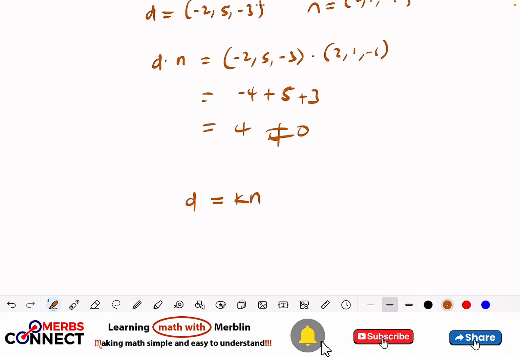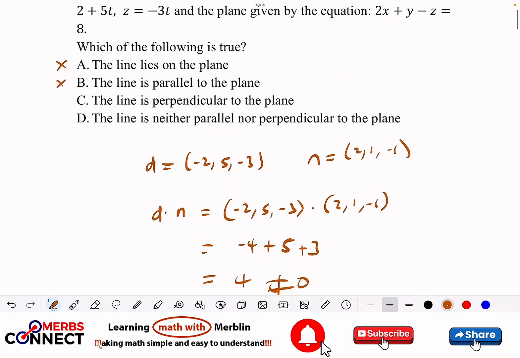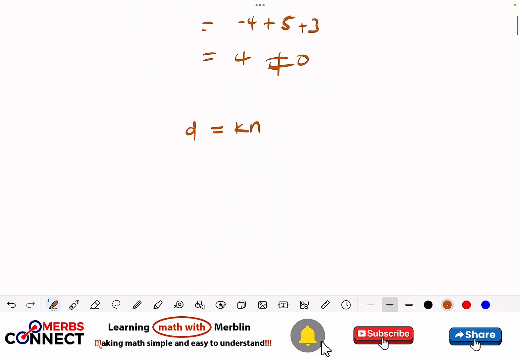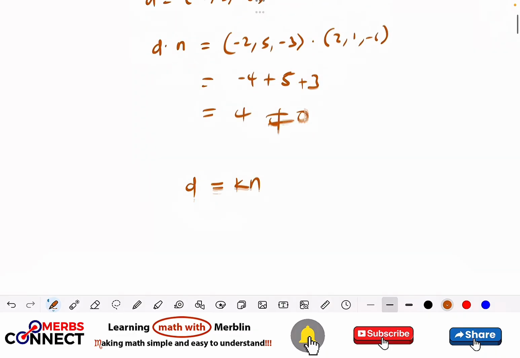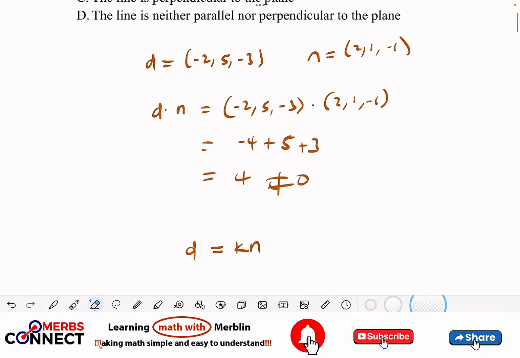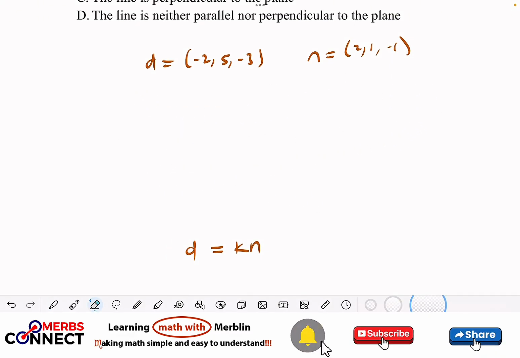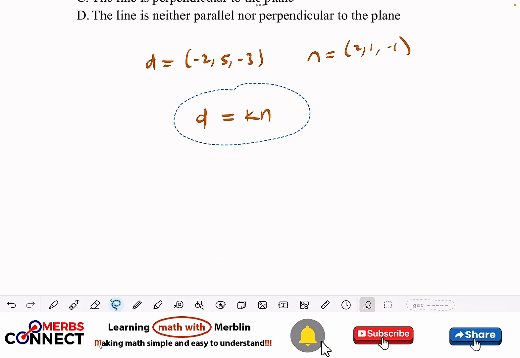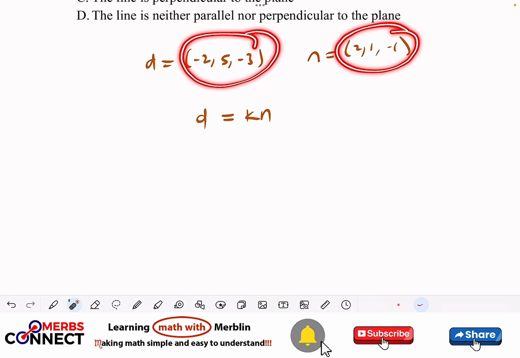So that is how we can say that the line is perpendicular to the plane. So now looking at D, we want to look for any scalar that we can multiply to this to get this, right?